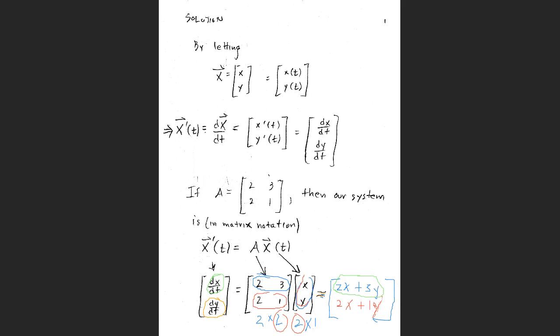This is an equals. dy/dt has to equal 2x plus 1y. So this is due to matrix multiplication.